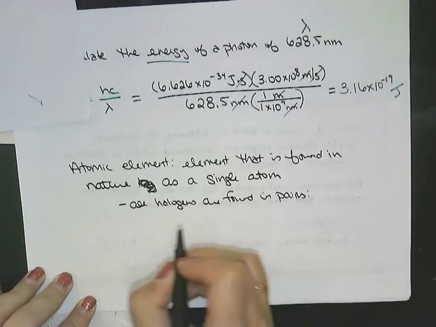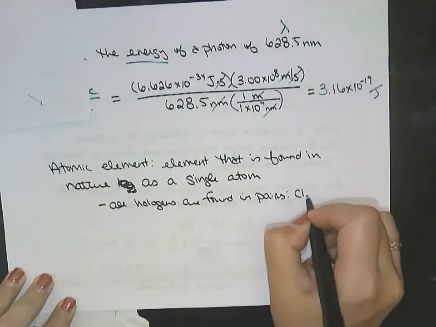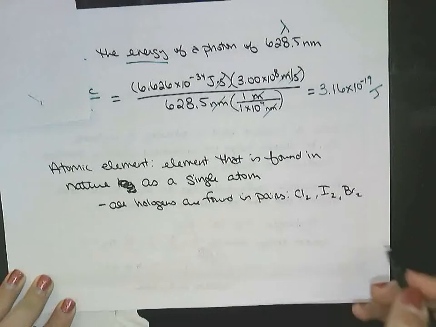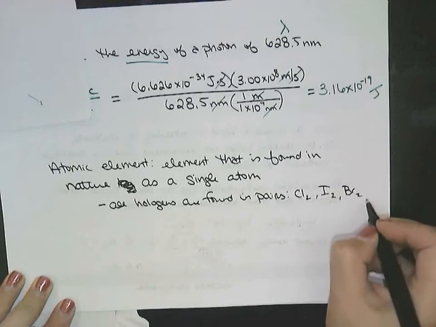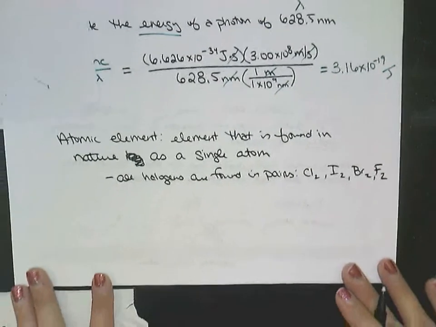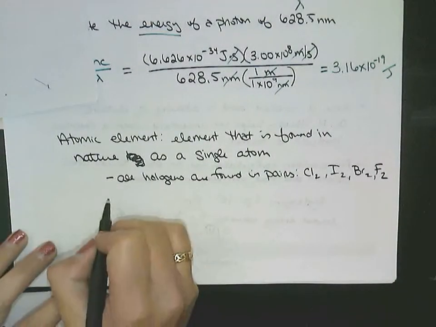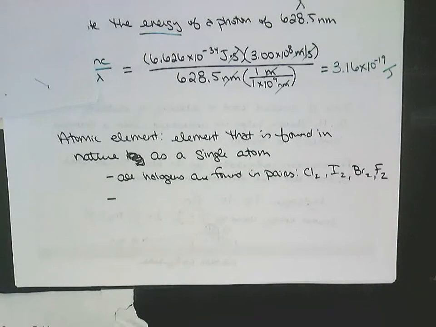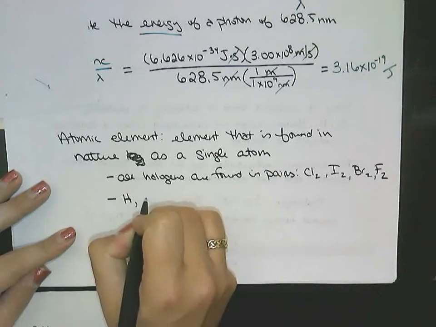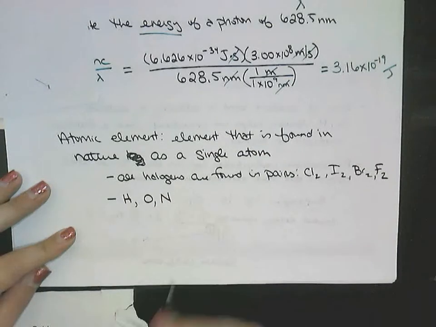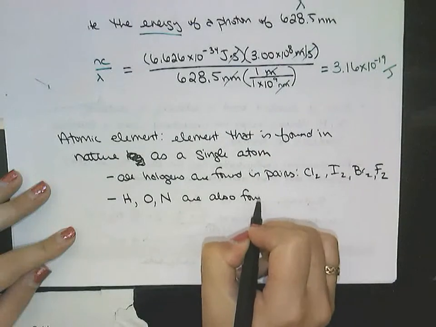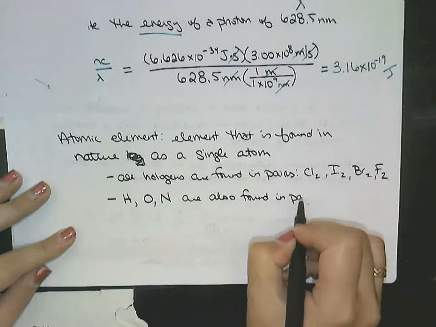So it'll always be Cl2, I2, Br2, what element am I missing? F, F2. Those guys are always found in pairs. H, O, and N are also always going to be found in pairs.